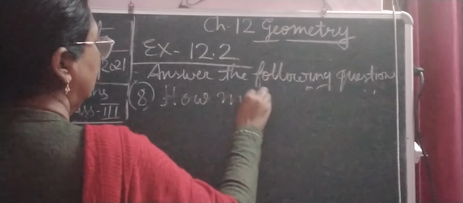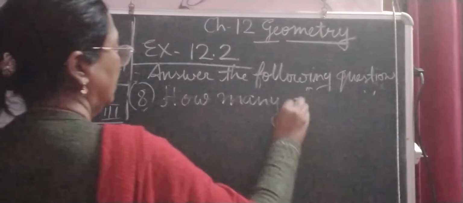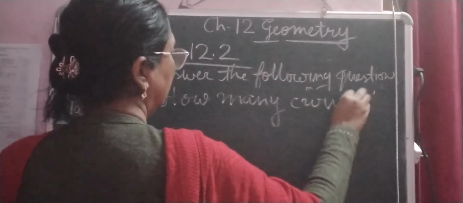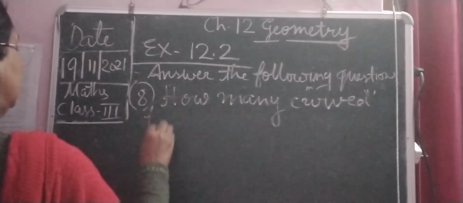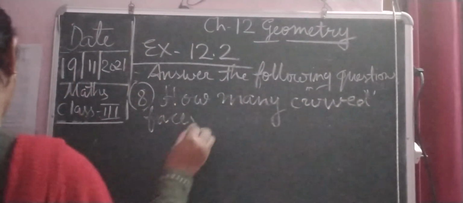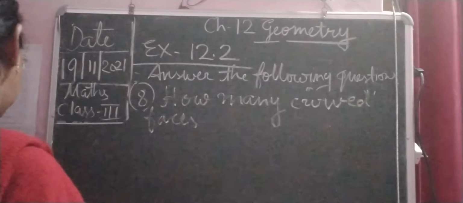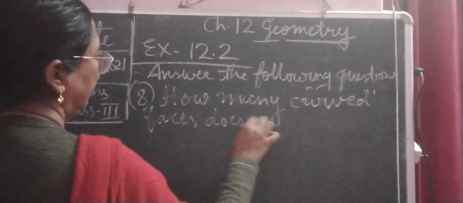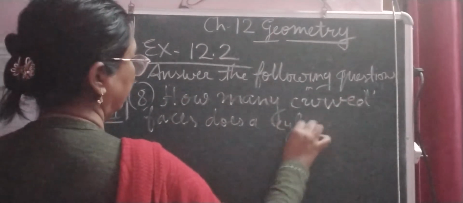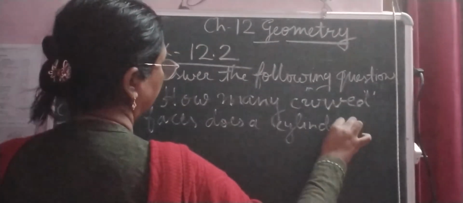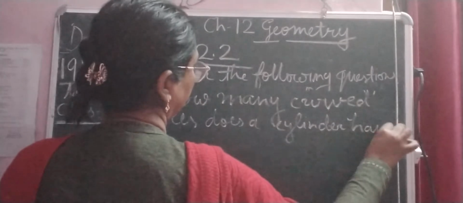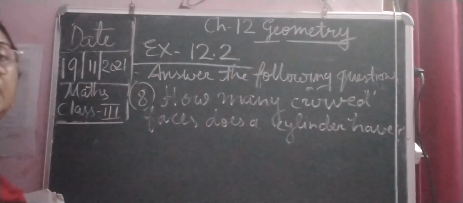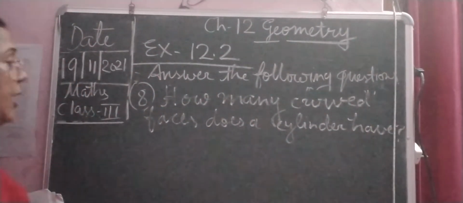How many curved faces does a cylinder have?